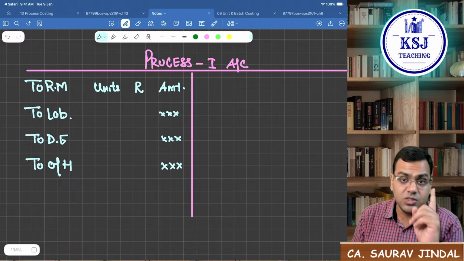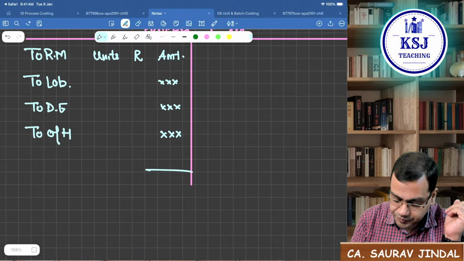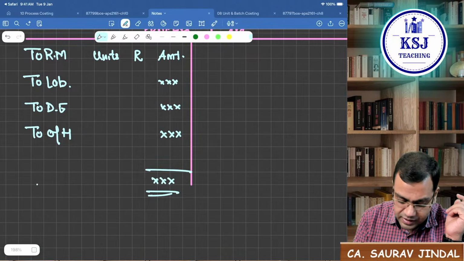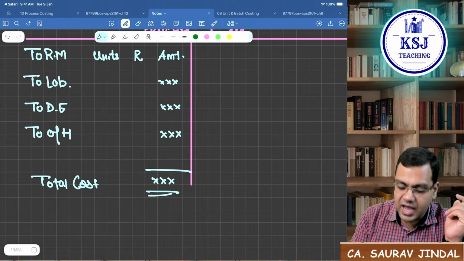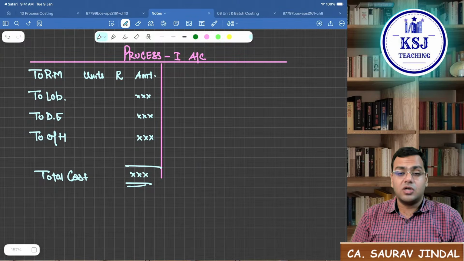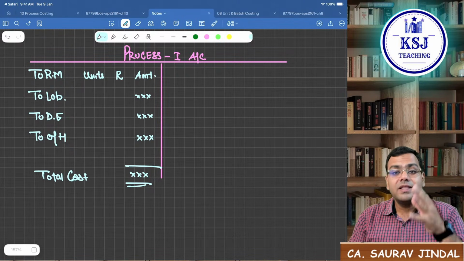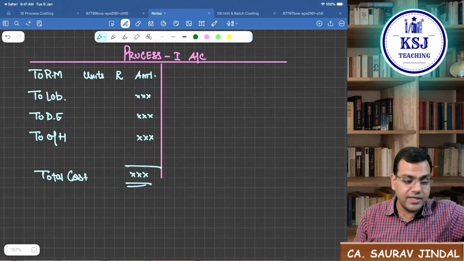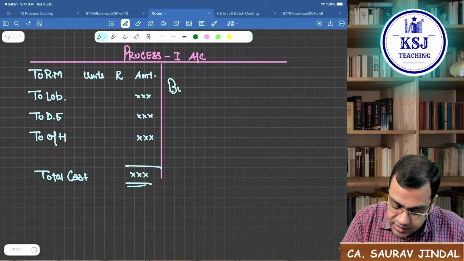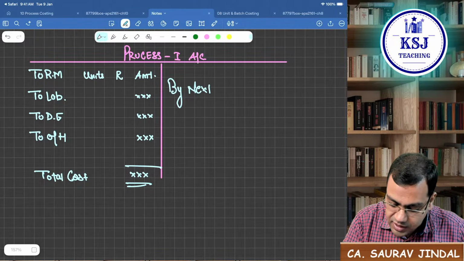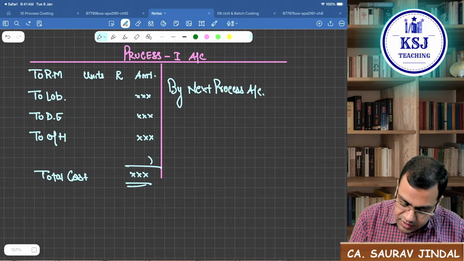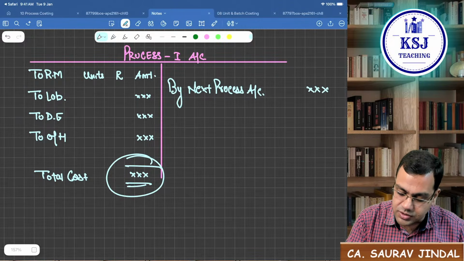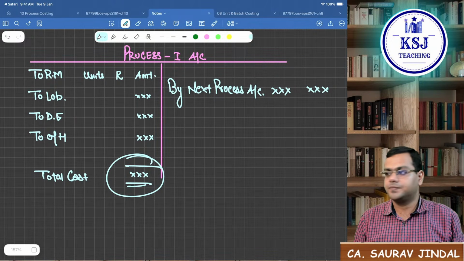Now this is the process 1 account. This is the total cost incurred in this process. If you have incurred a certain cost, you will get a certain output from it. That output will be transferred to the next process. So here we will write: by next process account, or process 2 account, valued at this total cost, with the number of units and total cost.